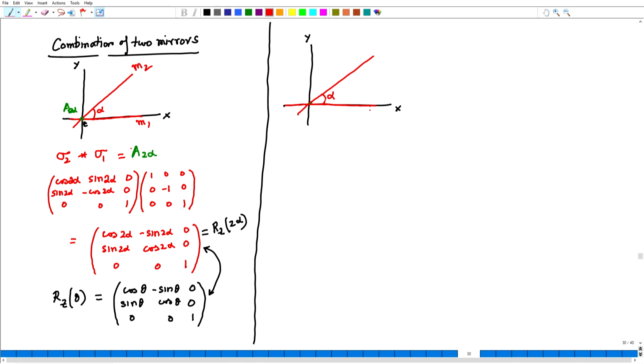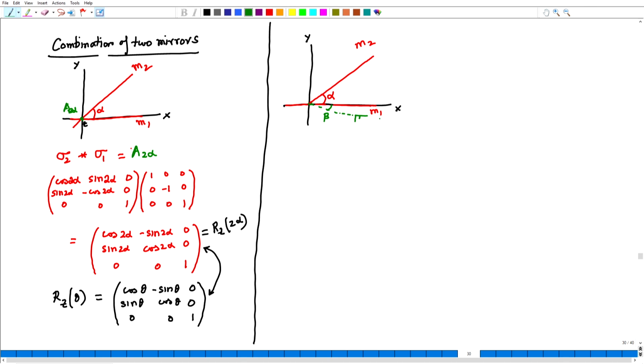This is M1, M2, and let us see how we can work this out geometrically. Let us say that I put an asymmetric motif here, and just identify one point of this motif, and let us say the angle made between this point and the origin is beta.